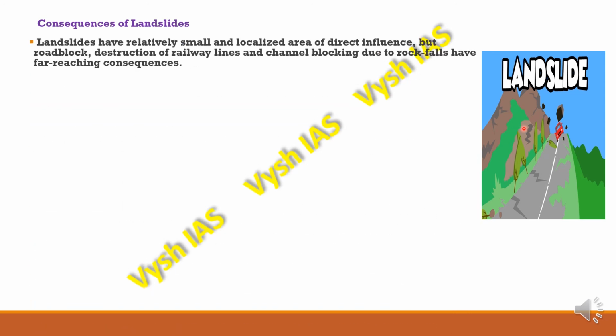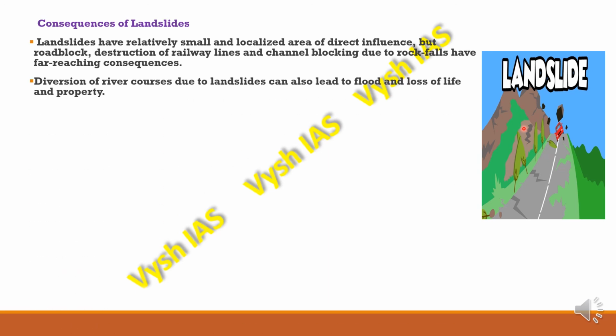So landslides have a relatively small and localized area of direct influence, but the road blocks, the destruction of railway lines, then the river blocking, which happens mainly due to rock falls, have very far reaching consequences, because this will block the entire communication channel or the road from one place to another.